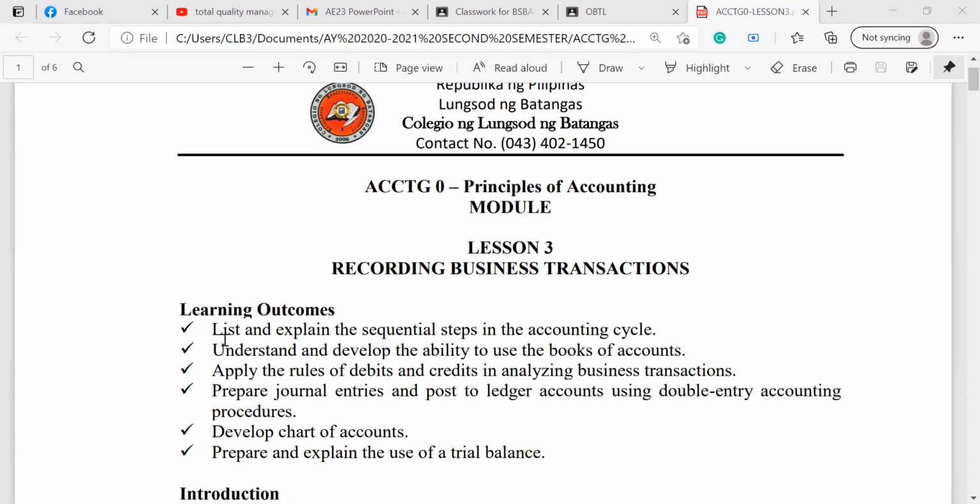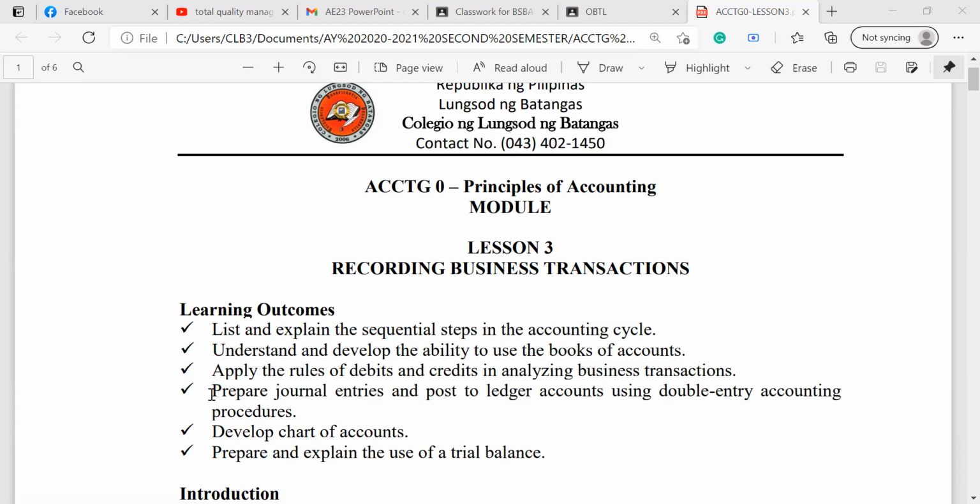At the end of this lesson, you are expected to list and explain the sequential steps in the accounting cycle, understand and develop the ability to use the books of accounts, and apply the rules of debits and credits in analyzing business transactions. Of course, in the previous lesson, napag-usapan natin kung ano yung rules of debit and credit.